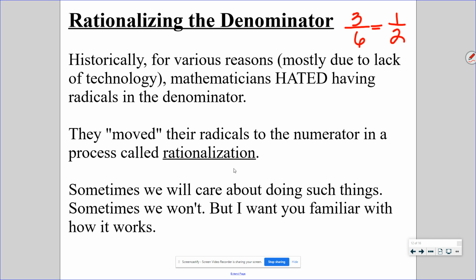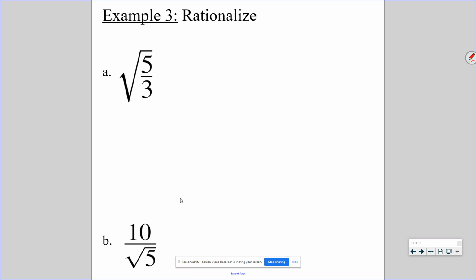Rationalizing is something that you would do if you get an answer that contains a radical in the bottom. Okay, it's like not a proper form, I guess, to have a radical in the denominator. So rationalizing is the process of moving the radical out of the denominator. So I'm going to show you how to do that because sometimes it is something you will have to do.